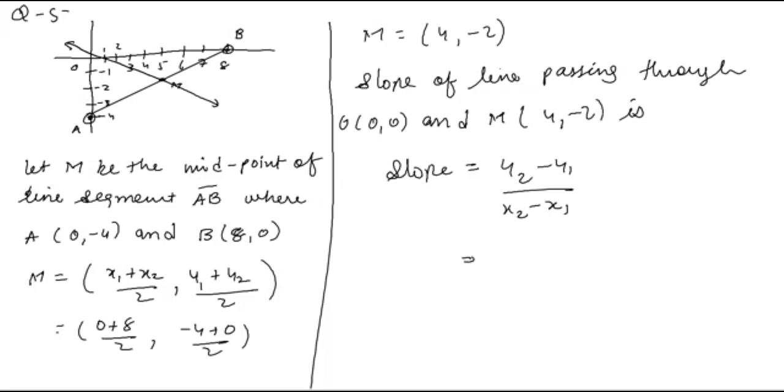So it is (-2 minus 0) upon (4 minus 0). I get -2 by 4, which is -1 by 2. So the slope of the line passing through the origin and the midpoint of line segment AB is -1 by 2.